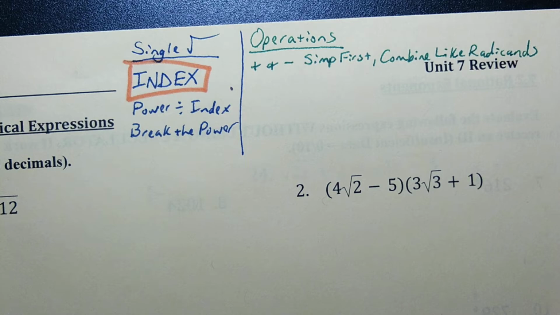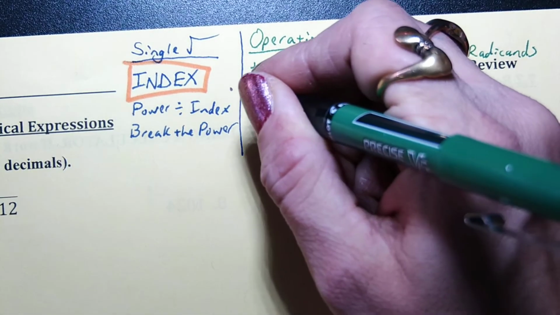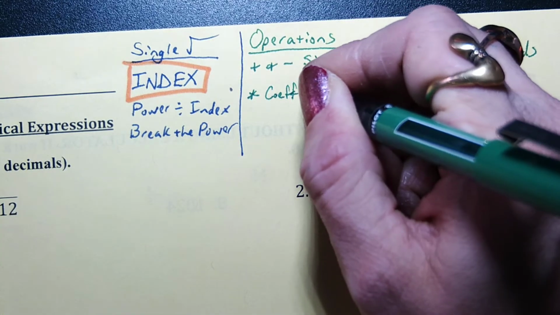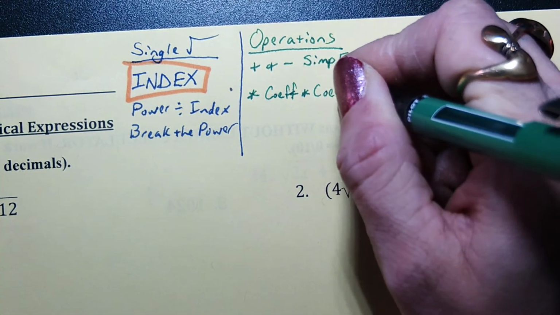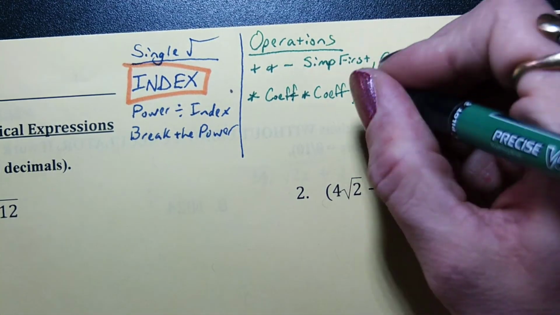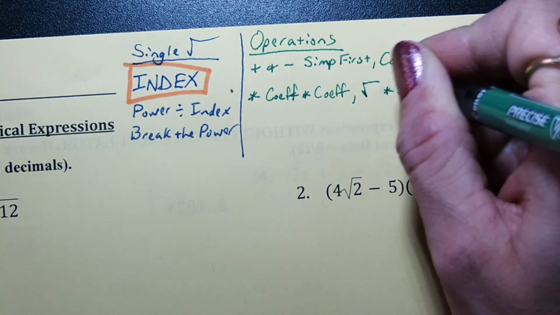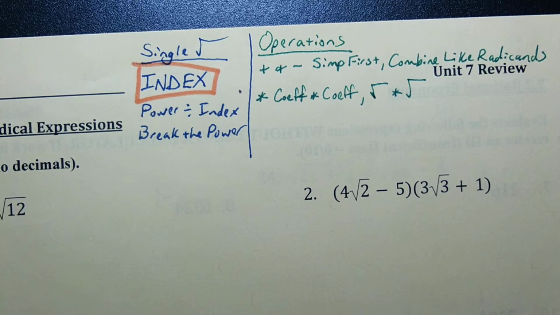Then multiplying. Coefficient times coefficient, or outside stuff times outside stuff. And then radicals times radicals. From helping third block, I'll say that with foiling, a lot of them were confused about what to multiply. So I want you to take a quick look at number 2.